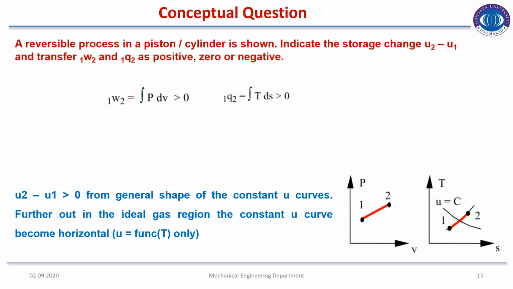So U2 minus U1 will be greater than 0 for the general shape of constant U curves. Further out, in the ideal gas region, the constant U curve becomes horizontal because for an ideal gas, U is a function of temperature only.